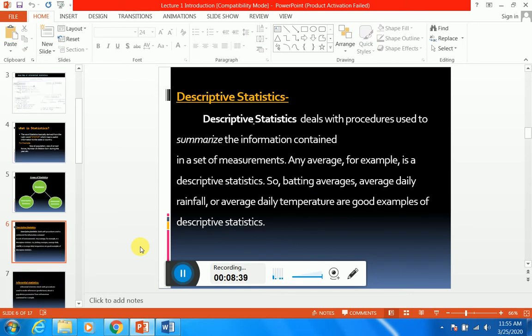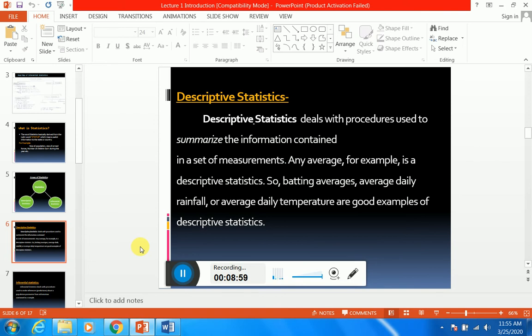Descriptive statistics. What is descriptive statistics? Descriptive, the word basically derived from the word description. It means describe something. That statistics or science or methodology which basically describes some numerical facts regarding their characteristics.